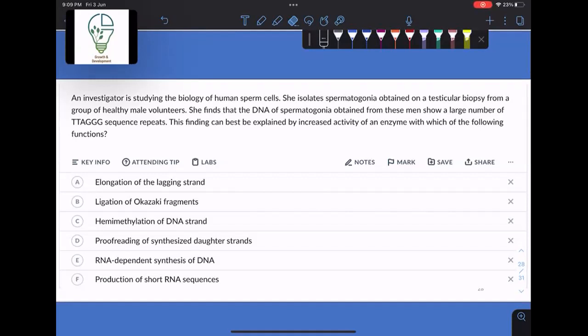So if you remember, we talked about something called a telomere, and we said a telomere is kind of like a cap that's present on the DNA, and it's a repeated sequence of the DNA. And there are some enzymes called telomerase, which are present in a few cells in the body, and they preserve this function of the telomere, right?